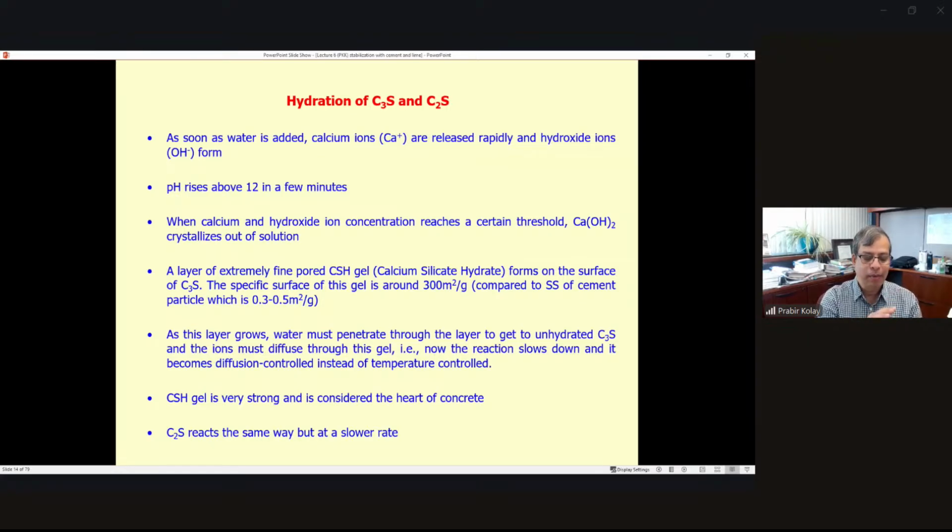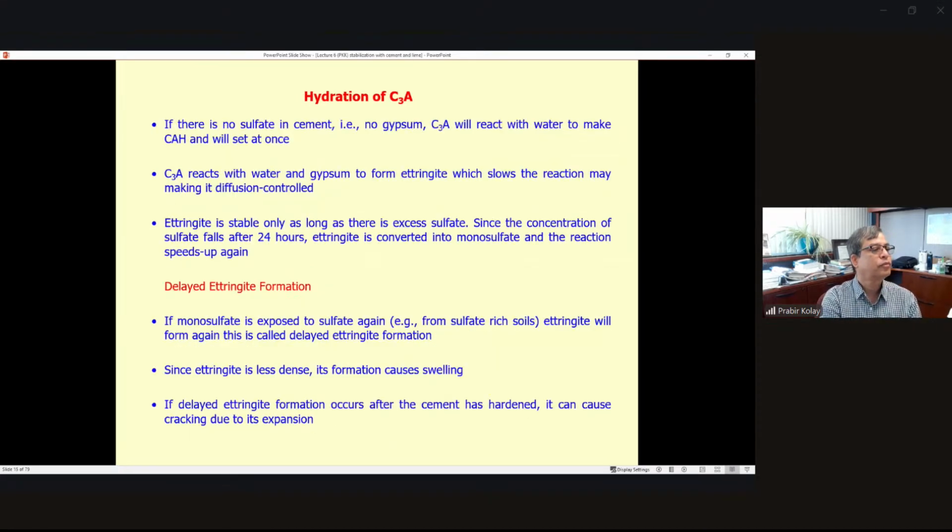Again, as I mentioned, which one reacts first: dicalcium silicate, tricalcium silicate, tricalcium aluminate, tetracalcium aluminoferrite, and what type of clay minerals are there. Hydration of tricalcium aluminate: if there is no sulfate or gypsum in the cement, it is going to react with the water to form calcium aluminate hydrate. Tricalcium aluminate reacts with the water again to form ettringite.